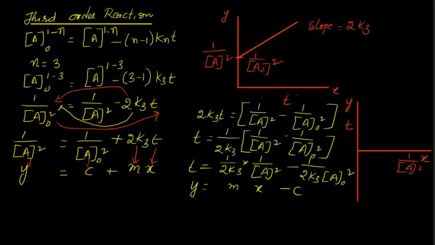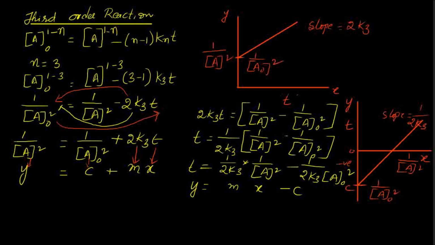So that's why the graph is like this, and this is the 0, and below is the negative values, and this is the negative intercept c. The c equals to 1 by a naught power 2. Here slope equals to 1 by 2k3. So this is the third order graphs based on the integrated rate law equations.